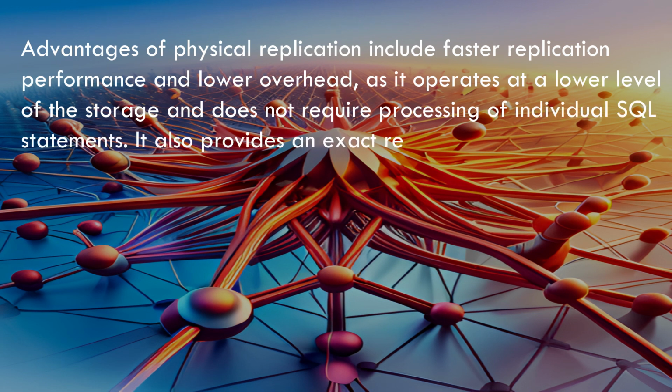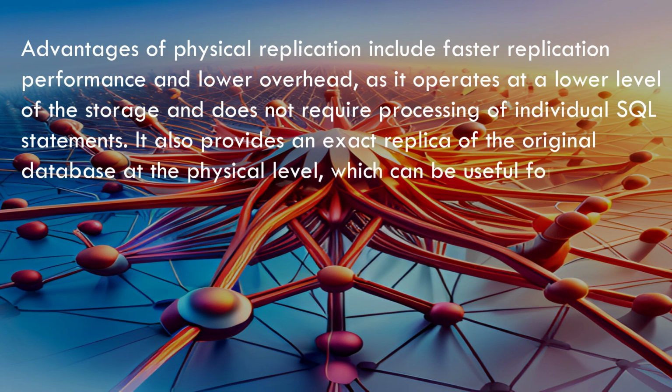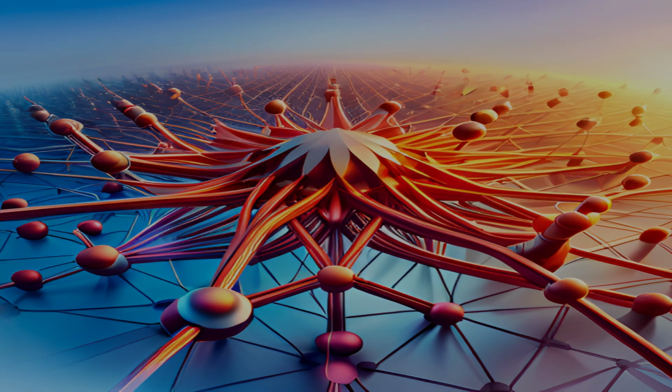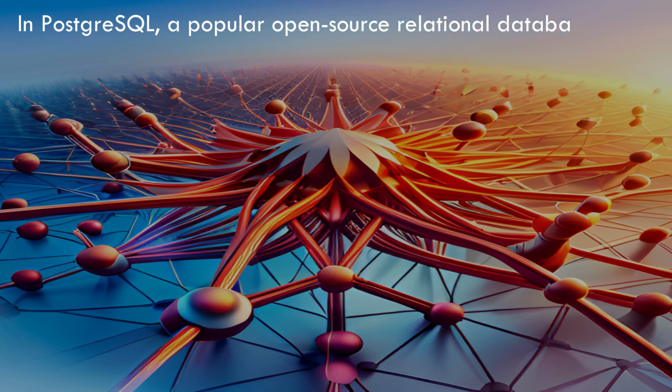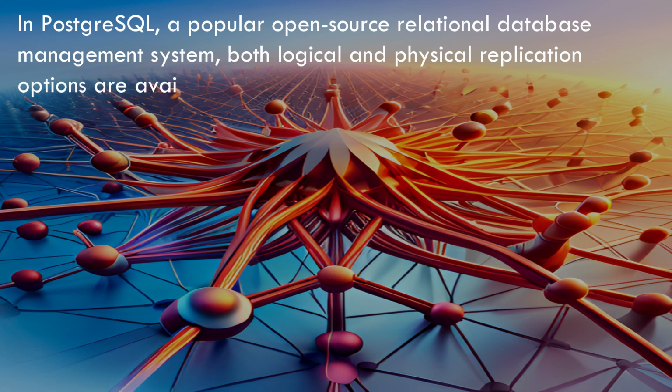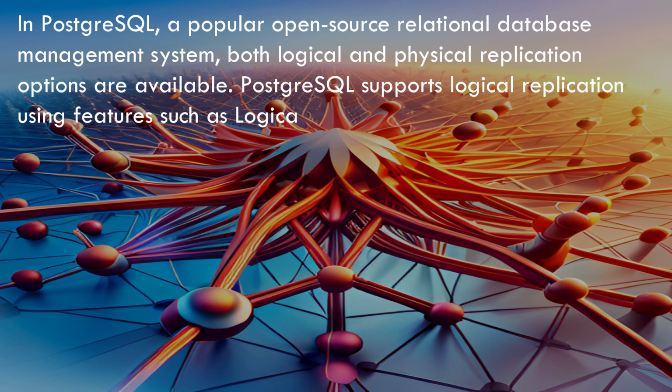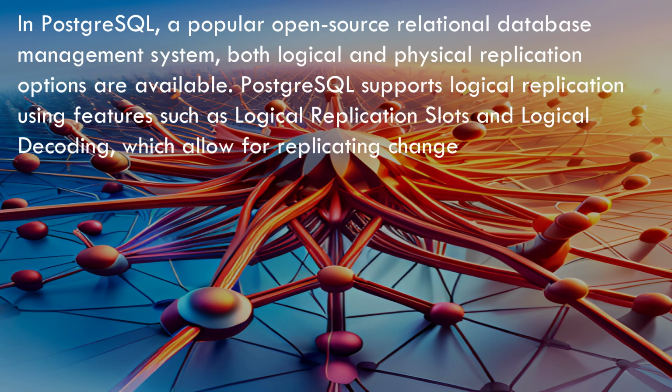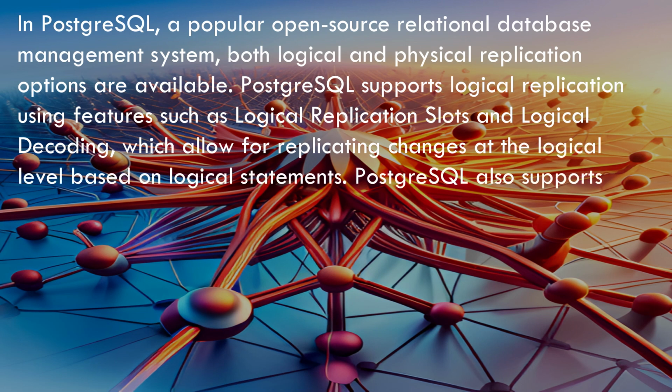It also provides an exact replica of the original database at the physical level, which can be useful for scenarios where an exact copy of the original database is required. In PostgreSQL, a popular open-source relational database management system, both logical and physical replication options are available. PostgreSQL supports logical replication using features such as logical replication slots and logical decoding, which allow for replicating changes at the logical level based on logical statements.